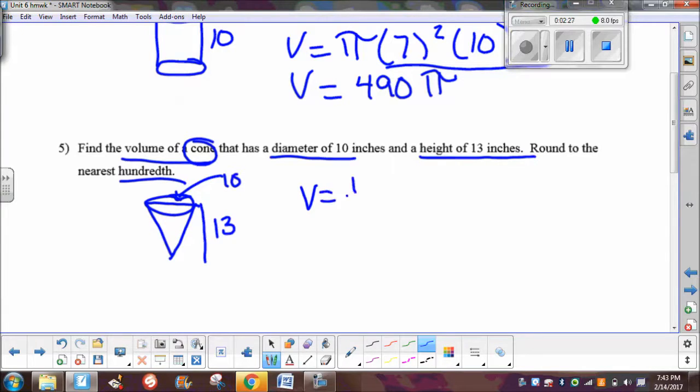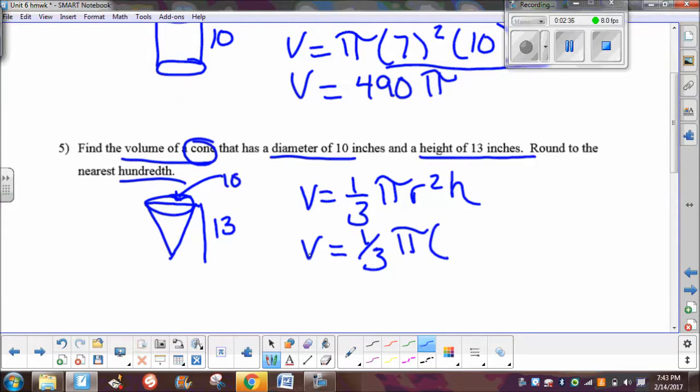So volume equals 1/3 pi r squared h. Here's our substitution: 1/3 pi. Now the radius, if the diameter is 10, we know that the radius is going to be 5 squared times the height, 13. So go ahead and pause the video and go to your calculator and do that calculation. I'll be right back.